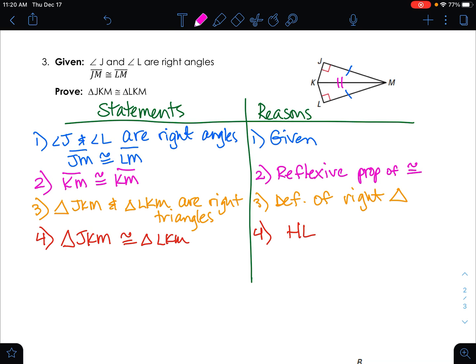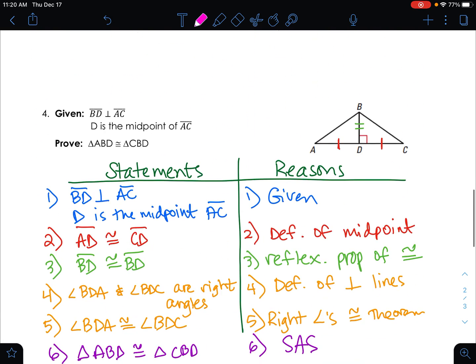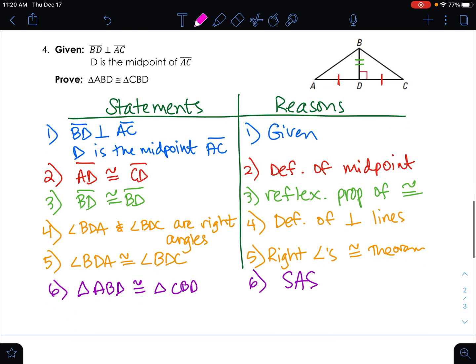I just need to establish it's a right triangle. So in number 3, I didn't have to show that J and L were right angles because I wasn't going down SAS route. Or I should say, I wasn't going down a route that I needed the angles in.